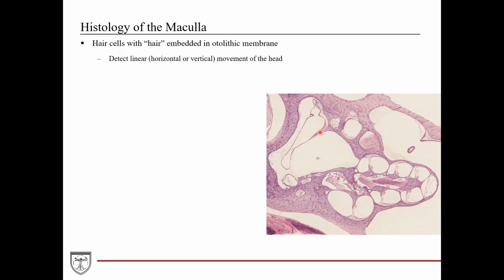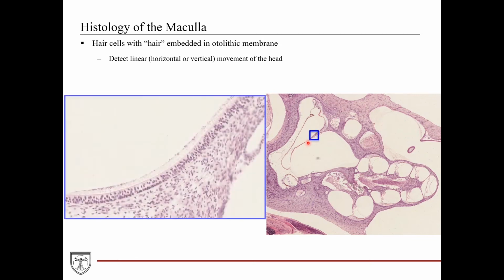We were lucky enough to catch the cross section through a utricle. So let's take a look at this area in a higher magnification, and we can appreciate this region of the membranous labyrinth that is comprised of these tall hair cells. And these hair cells, once again, have lots of these stereocilia and kinocilia that are extending out from the apical surface.